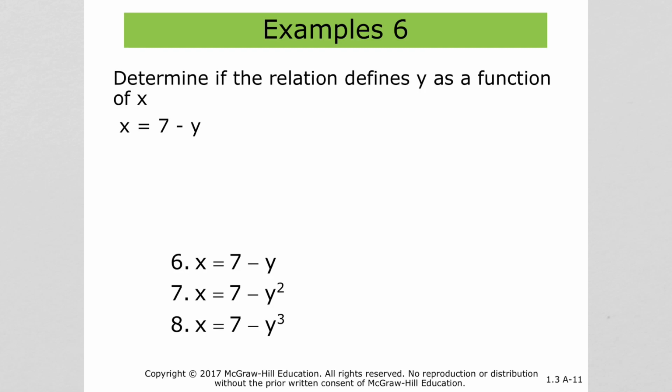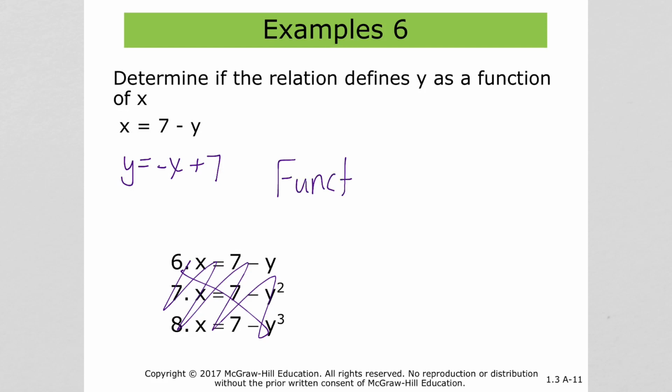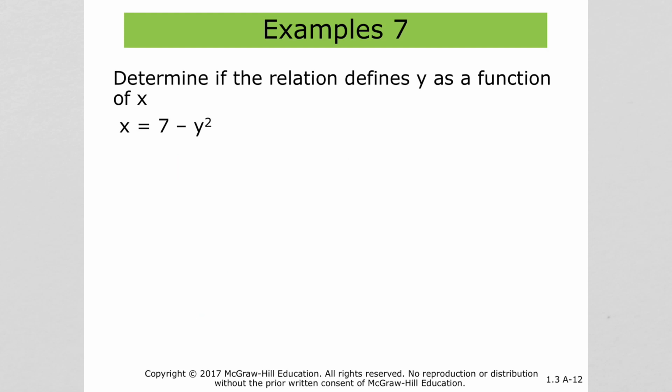This one, if we solve for y, then we get y equals -x plus 7. And so we're good with that. This is a function. For number 7, if we solve for y, we get y squared equals -x minus 7.